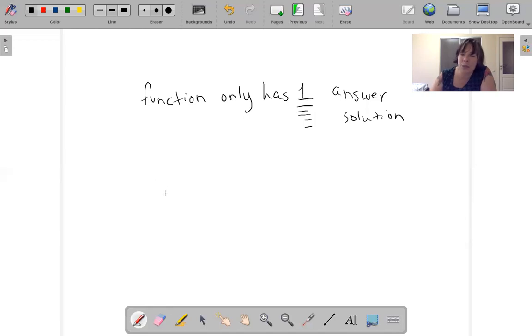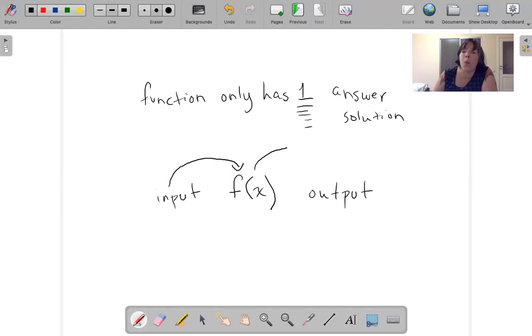And the math words are input and output. You put one thing in the function and you get one answer out of the function.